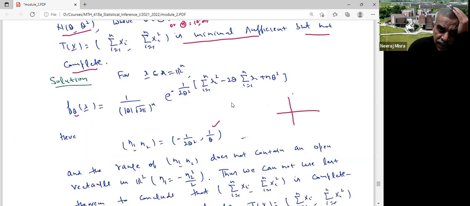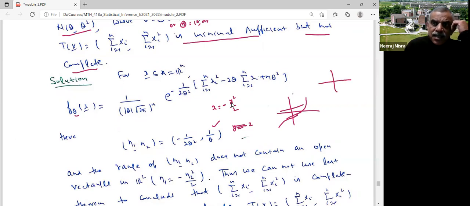But if we try to see the range of eta_1 and eta_2 in two-dimensional Euclidean space, it is a curve. Because if you look at 1 by theta as y, then x is minus y squared by 2. That is what it is. So it is a curve. Eta_1 and eta_2 take values on a curve, right?